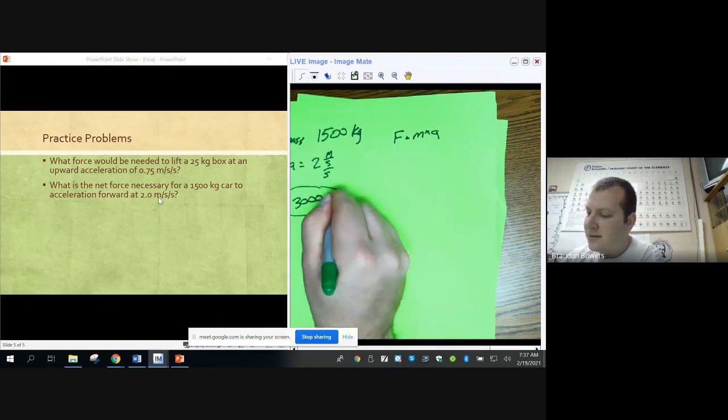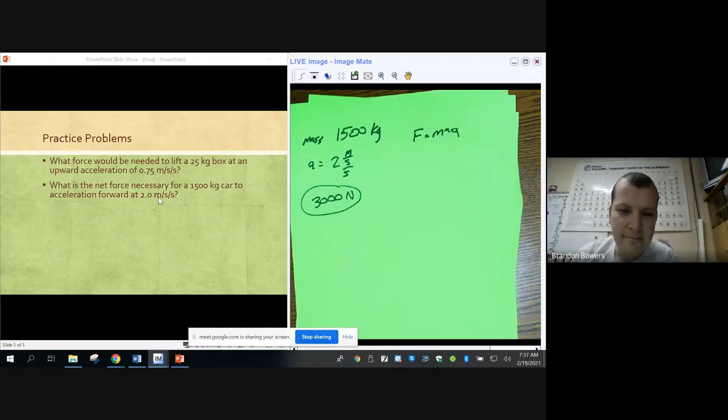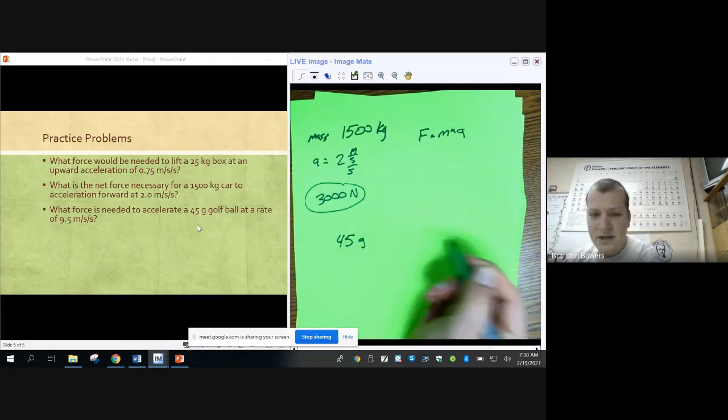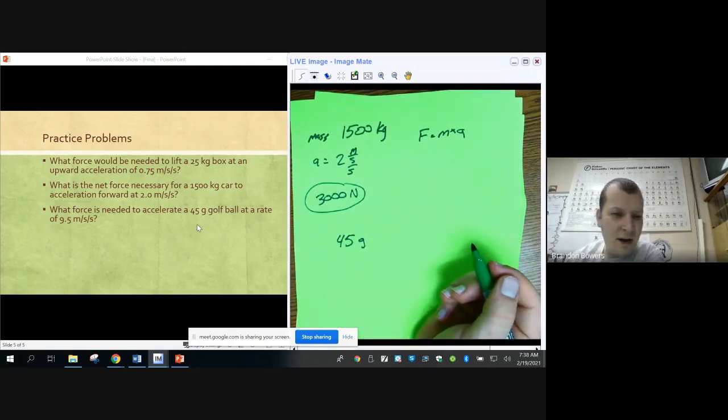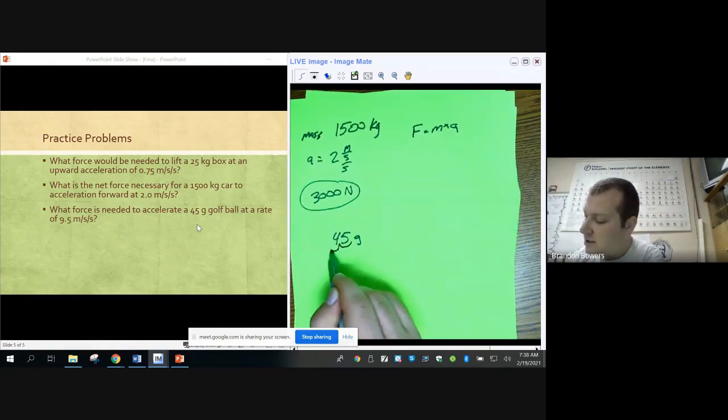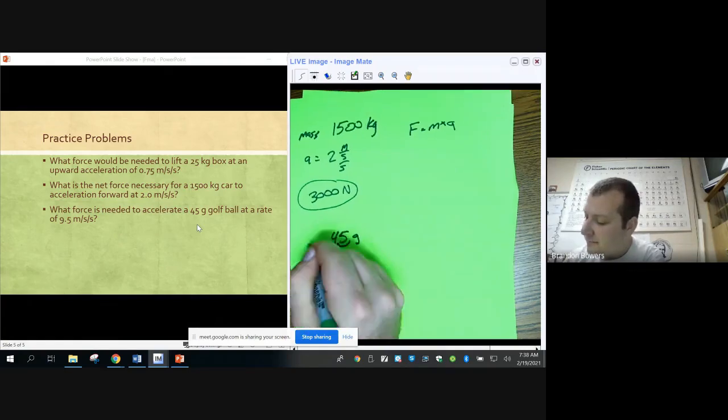Next one's a little tricky. A golf ball weighs 45 grams. Is that unit right? No. From grams to kilograms, I have to move my decimal 3 to the left. 1, 2, 3, which means I have an empty space there, so I have to add a 0. Now I have 0.045 kilograms. Is that unit right? Yes.